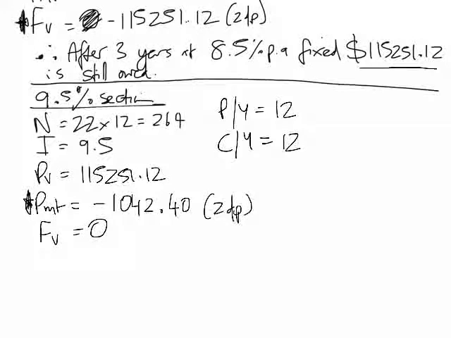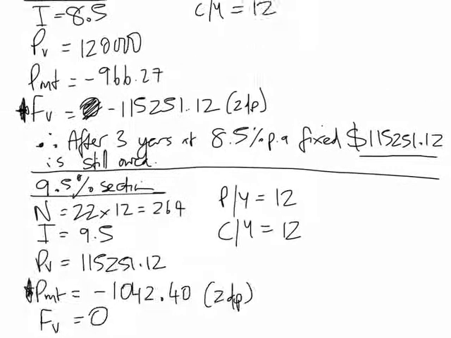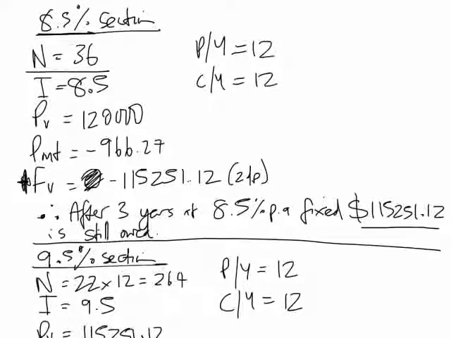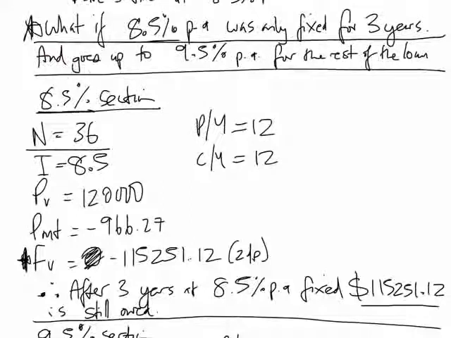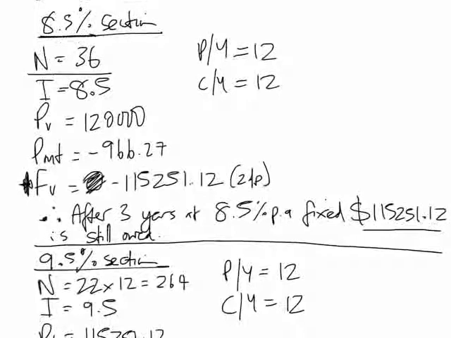Well, you were fixed at an 8.5% interest rate for the first 3 years of the home loan. Now we noticed in the question that the interest rate changed. So we broke up the home loan into the first 3 years where it was fixed at 8.5%, and we calculated how much was owed at that point in time.